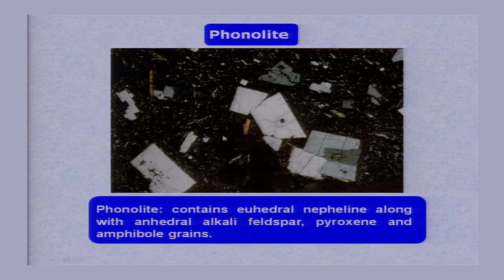It contains nepheline along with anhedral alkali feldspar, pyroxene and amphibole grains. Viewers, because of some limitations, you may not be able to see polarization colors properly, but these are the nepheline, pyroxene, amphibole grains.